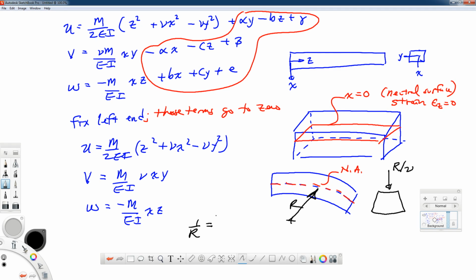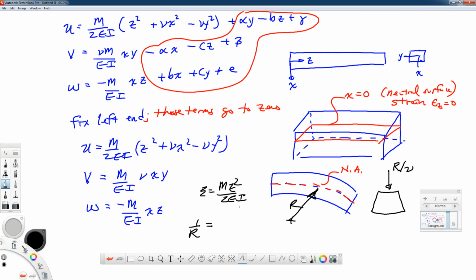If we use a substitution of variables here, when we're on the neutral axis, we'll call that xi is equal to Mz squared over 2EI.